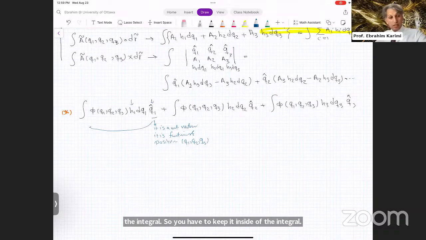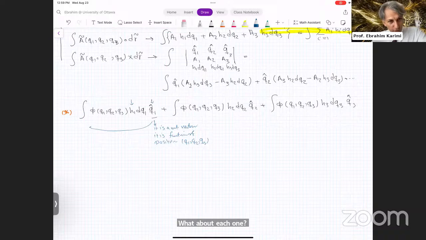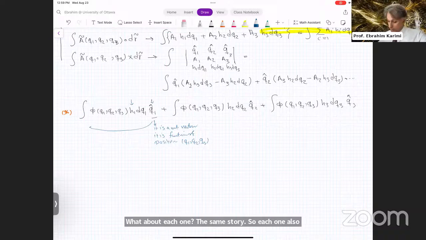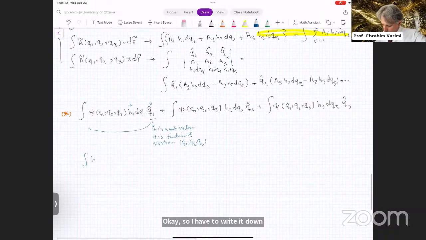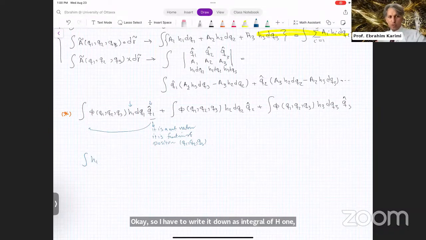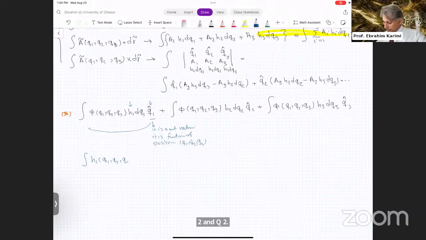What about H1? The same story. H1 also can be a function of Q1, Q2, and Q3. So in short, I have to write it down as the integral of H1, which in general is a function of Q1, Q2, and Q3, and then I have phi of Q1, Q2, and Q3.